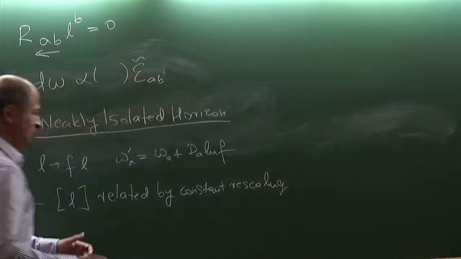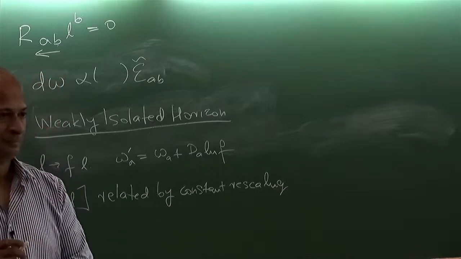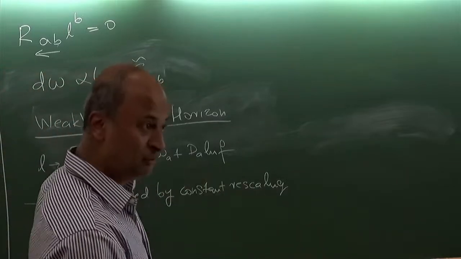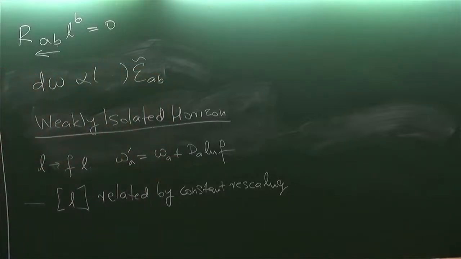In other words, two null normals L1 and L2 belong to this class if L1 equals a constant times L2. Again, there can be many such equivalence classes on the horizon. I can define them in many ways.